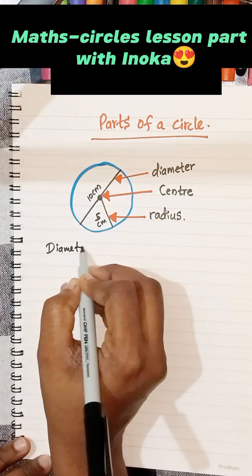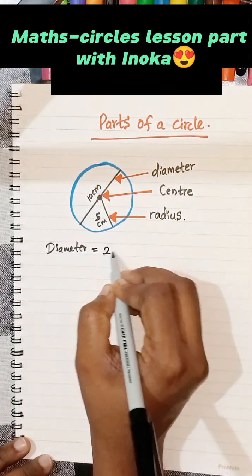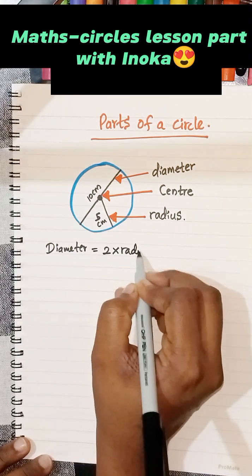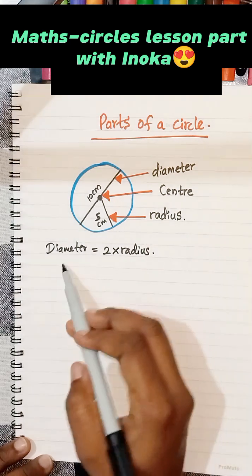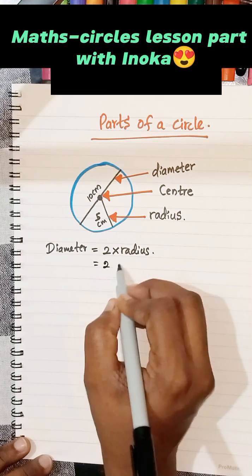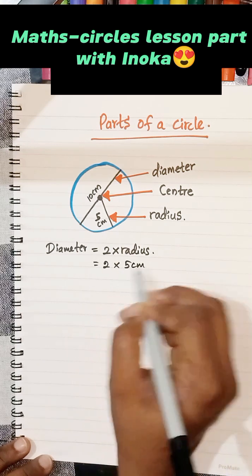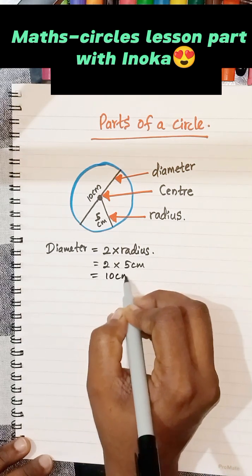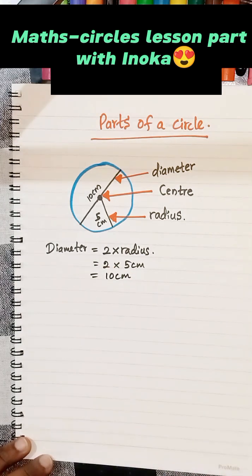I'll write it: diameter equals 2 times radius. Then 2 times radius, which is 5 centimeters: 2 times 5, 10 centimeters. That's all.